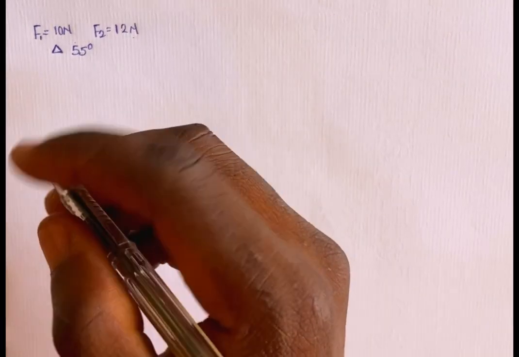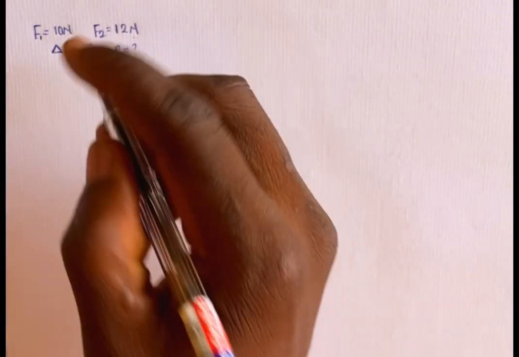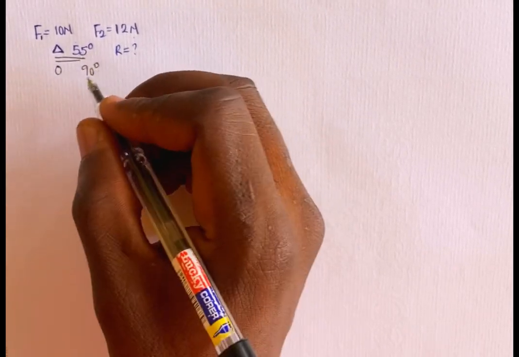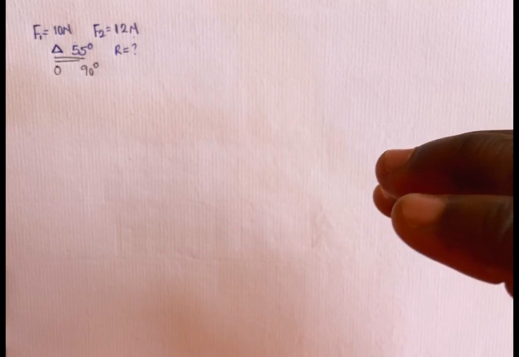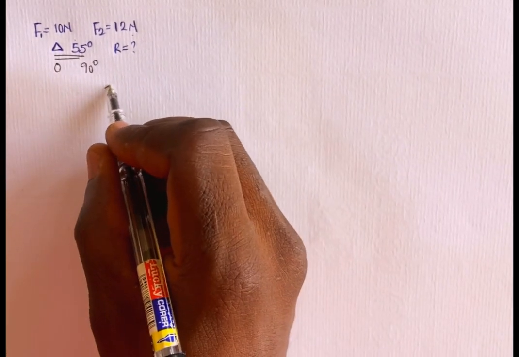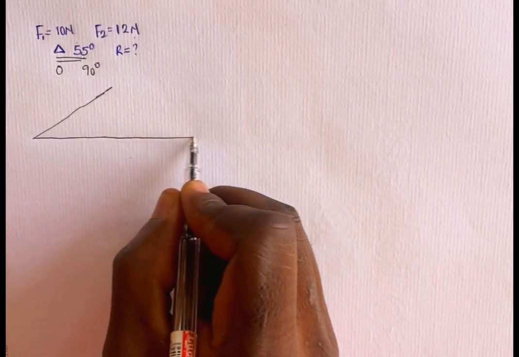So now I'm asked to calculate the resultant force. It's very simple. Angle 55 degree lies between 0 and 90 degree. Then I'll take my compass and set it. Then here I'm going to have the angle somehow like this, it's going to be like this.